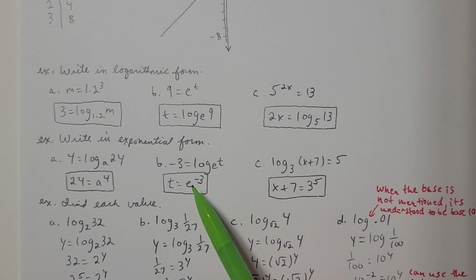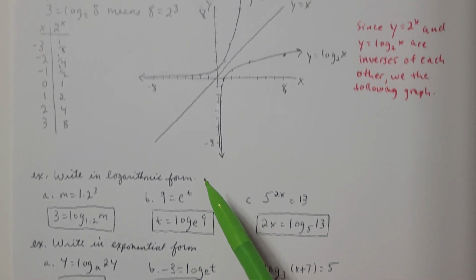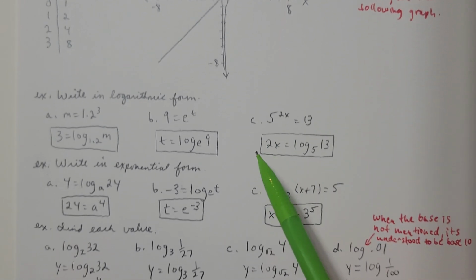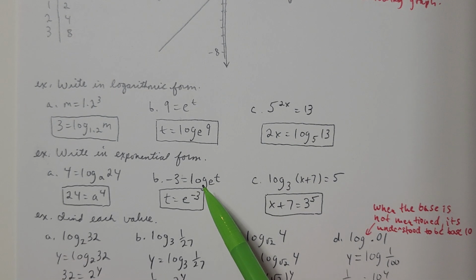I'd circle that. By the way, I mentioned that x can't be a negative. Also can't be 0. Okay, the input value. That does not mean y can't be a negative, or y can't be 0. Y can and will be a negative sometimes, and or 0 sometimes.